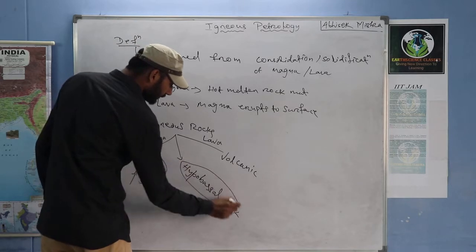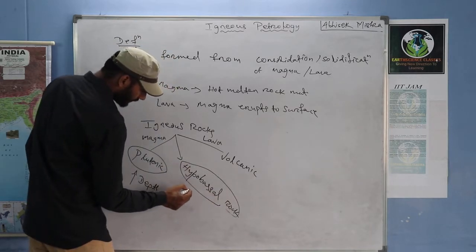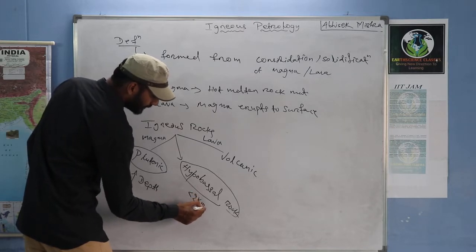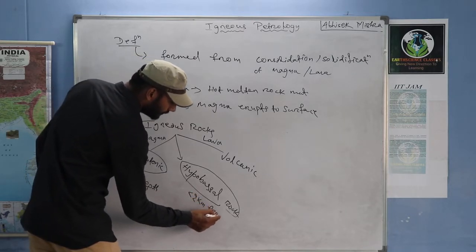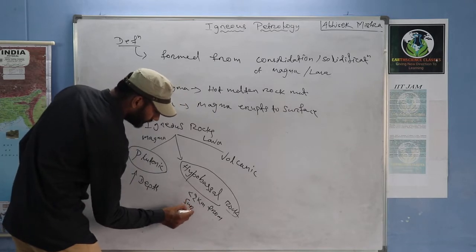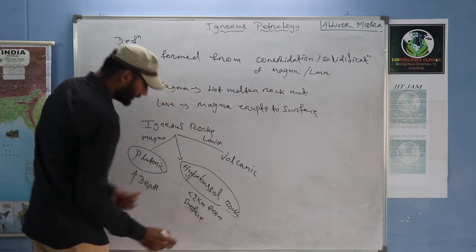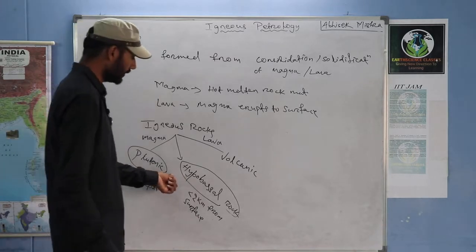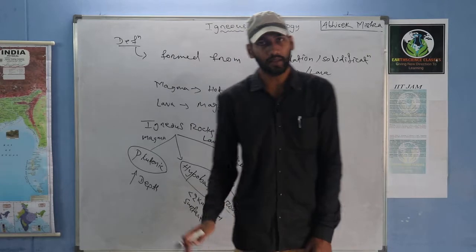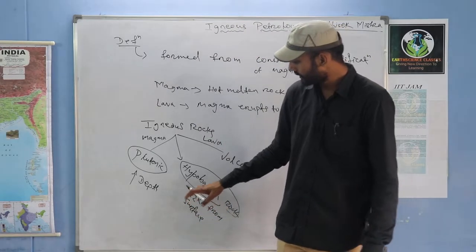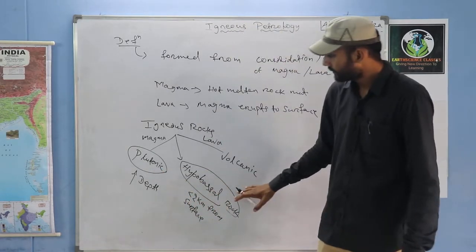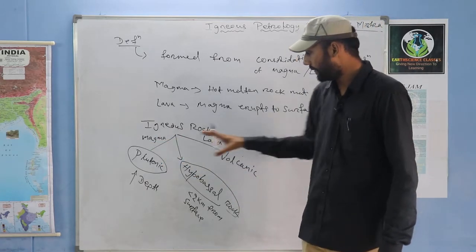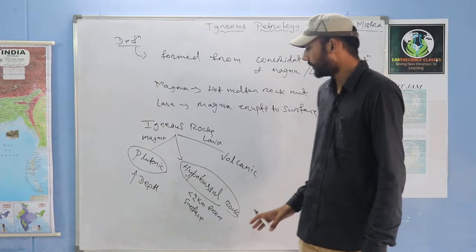Hypabyssal means it is less than 2 km from surface. These two are forming in deeper condition only. They are not crystallized at the surface, or they are not solidified on the surface. Okay, these two are beneath the surface. These two are crystallized from magma itself, right? Not lava. These two are crystallized from magma.